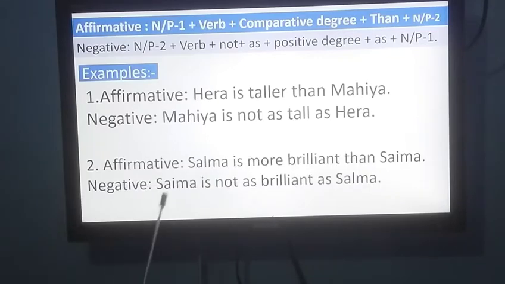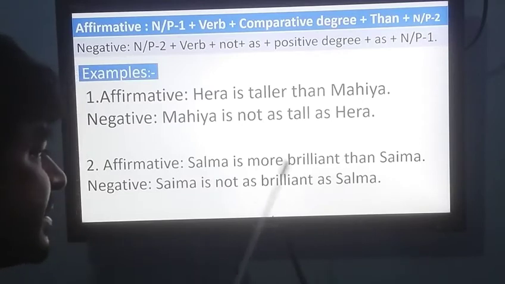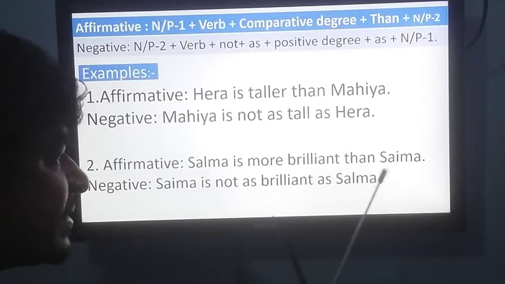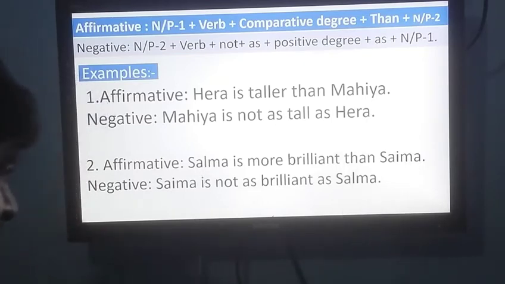Now take another example. Here Salma is more brilliant than Saima. Salma is noun pronoun 1 and Saima is noun pronoun 2. So first of all Saima, noun pronoun 2, then the verb "is", then "not", then we have used "as".